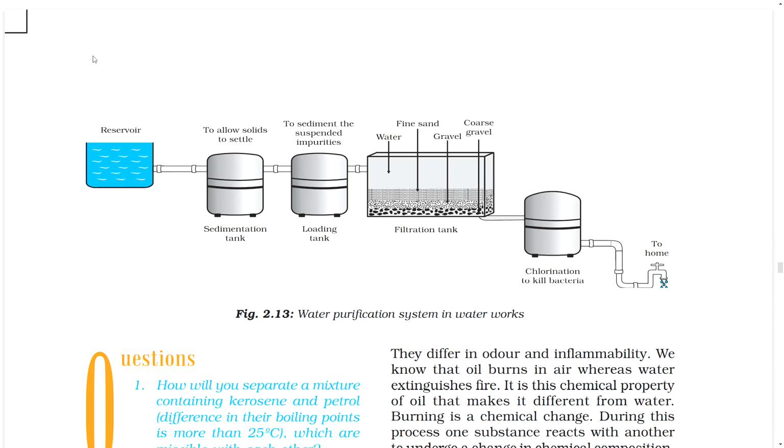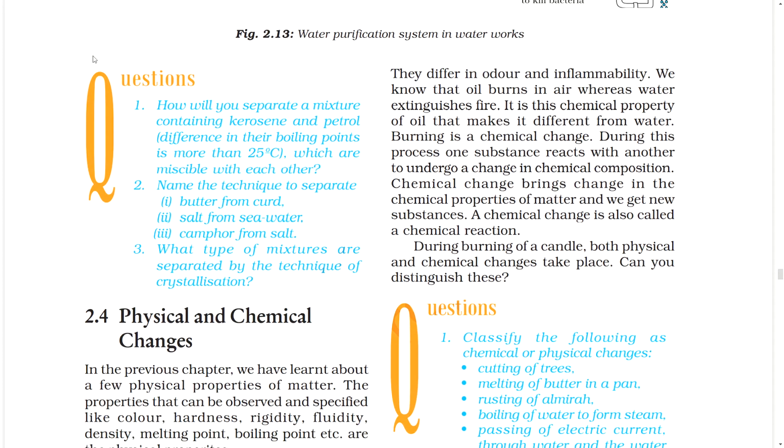Reservoir to allow solids to settle. Sedimentation tank to sediment the suspended impurities. Loading tank, fine sand, water, gravel, coarse gravel, filtration tank, chlorination to kill bacteria, to home. Questions. Comment this.